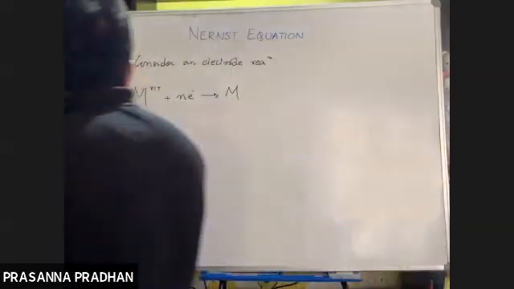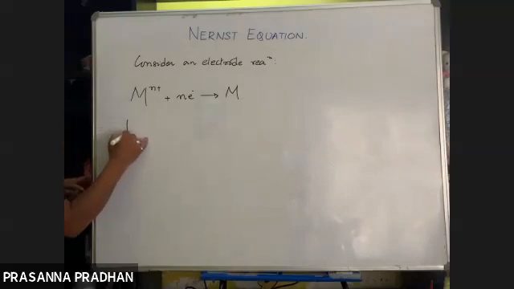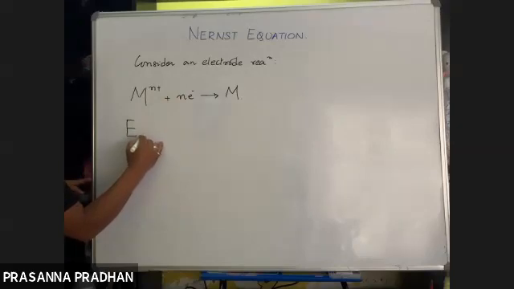So what will be the Nernst equation for such an electrode reaction? How do we write down the Nernst equation? The Nernst equation will be E. What is getting reduced to what?